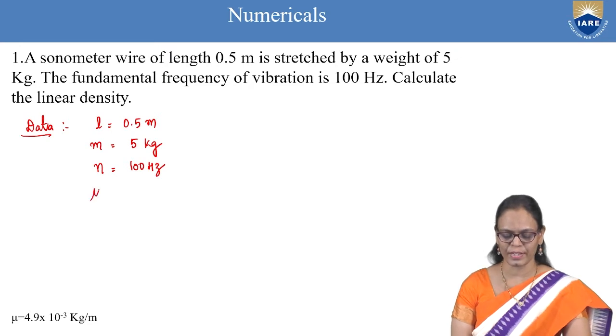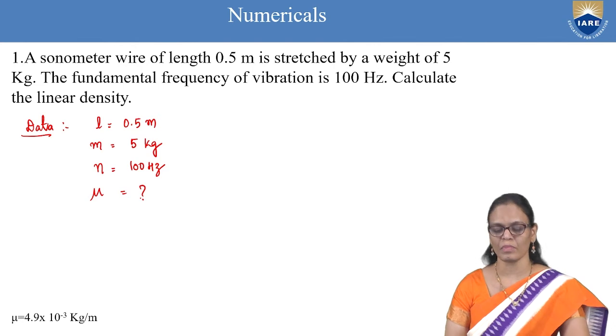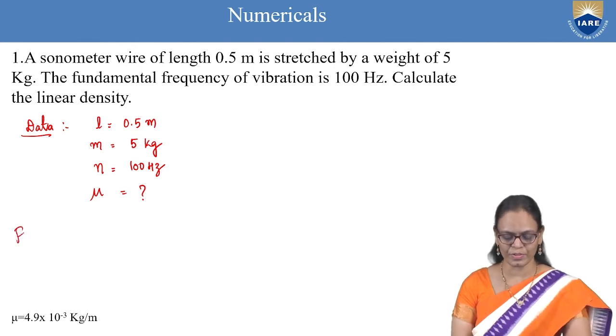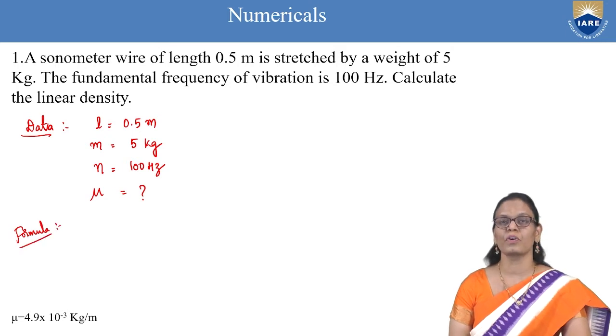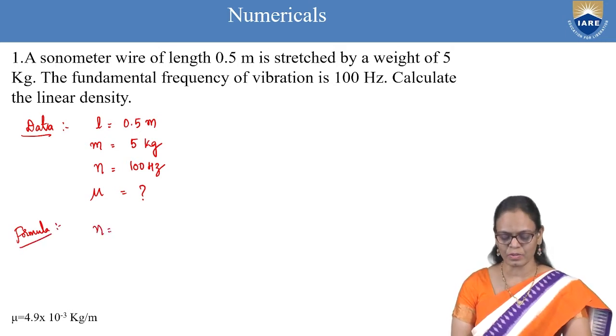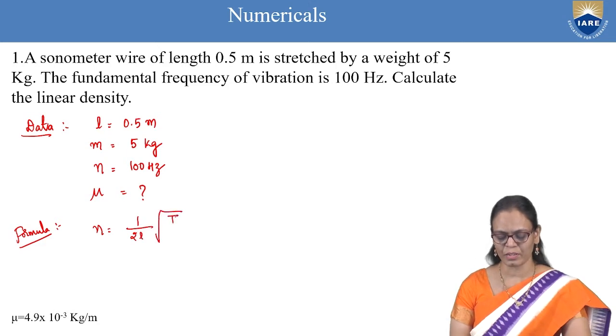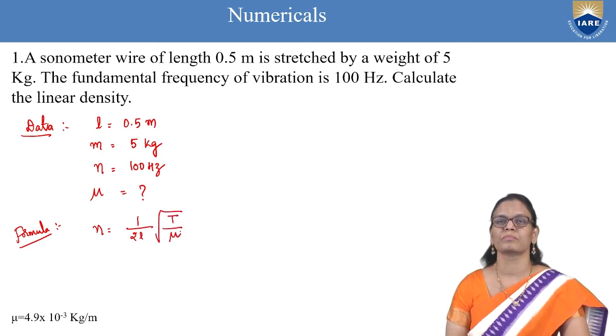We have to calculate mu. So which formula we are going to use? We are going to use the laws of stretched string. The formula N is equal to 1 by 2L under root T by mu.